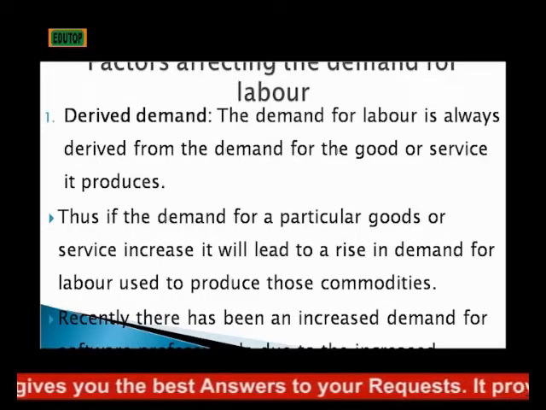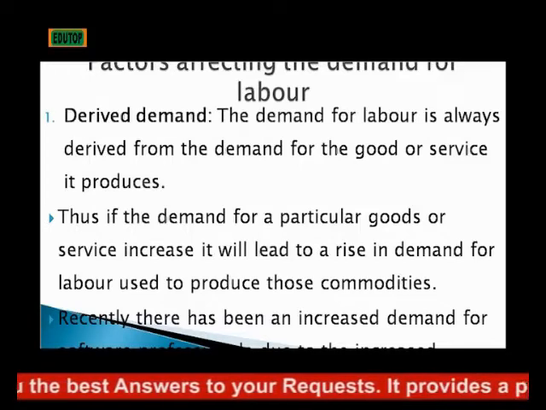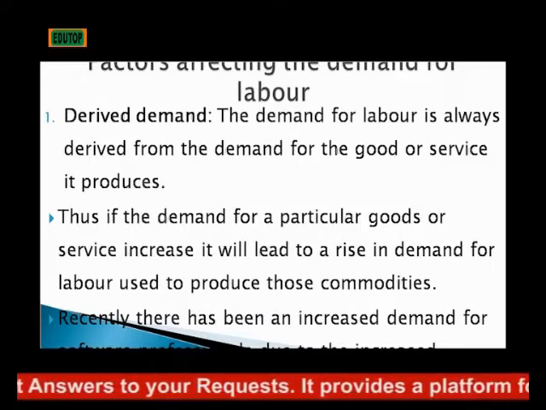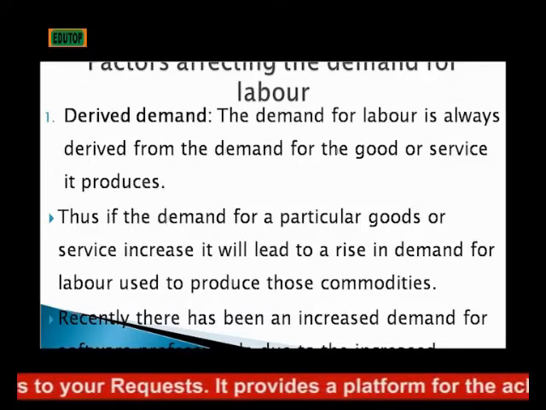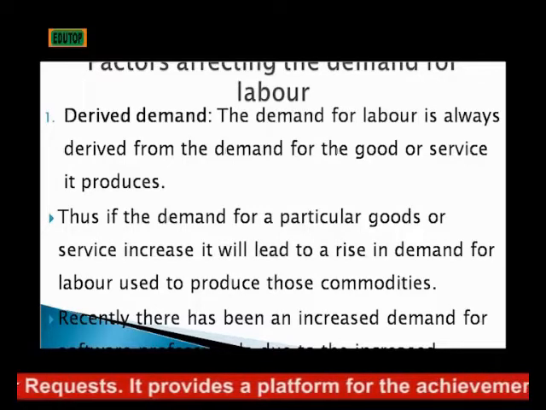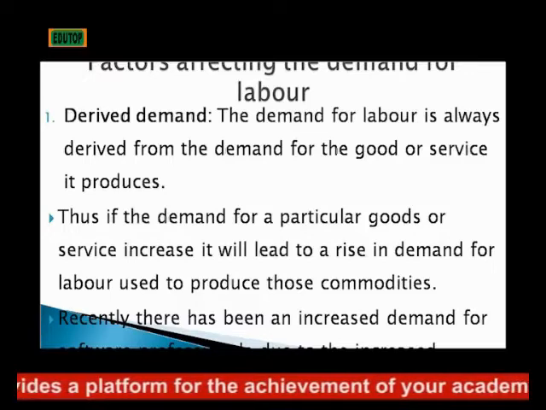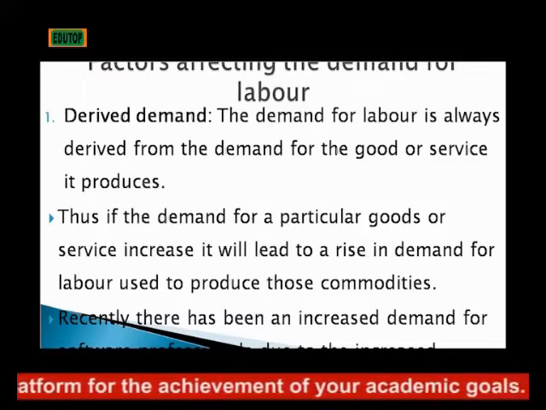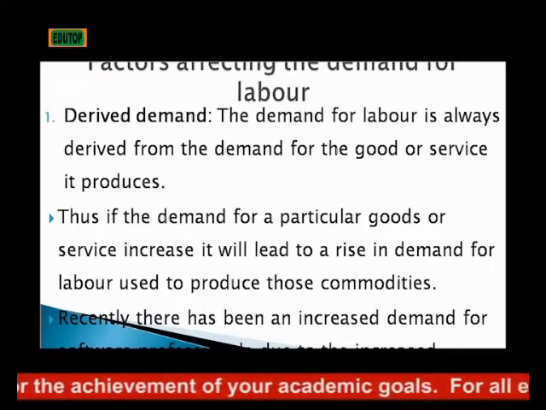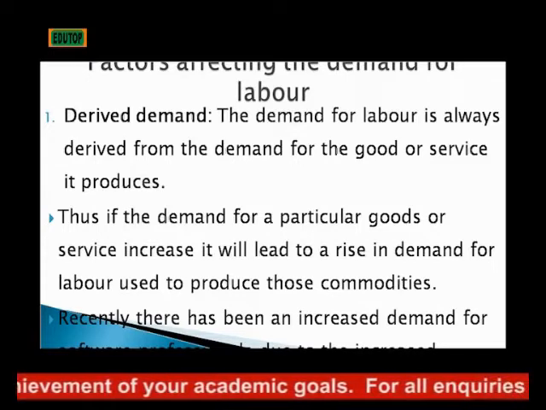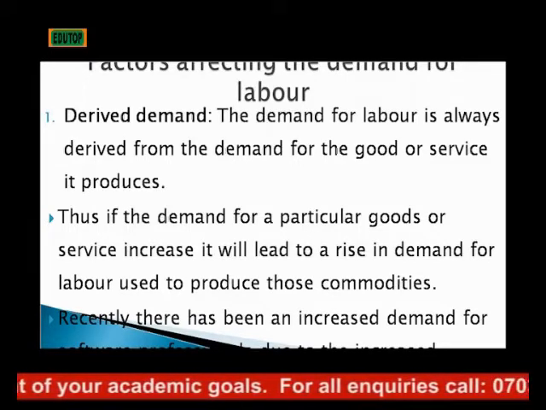One, derived demand. That is, the demand for labor is always derived from the goods and services they can produce, like we said. Therefore, if the demand for a particular good or a particular service is increasing, there will definitely be an increase in demand for the workers that will produce those goods and services.